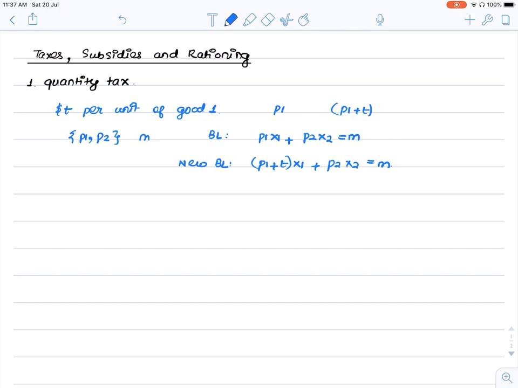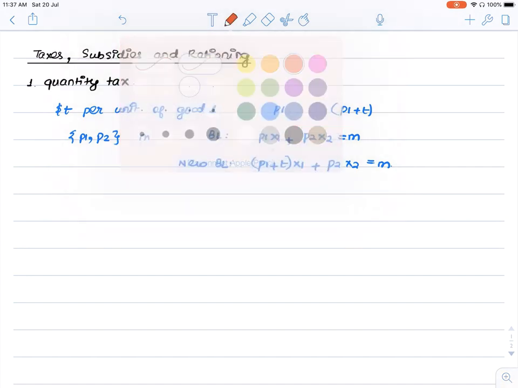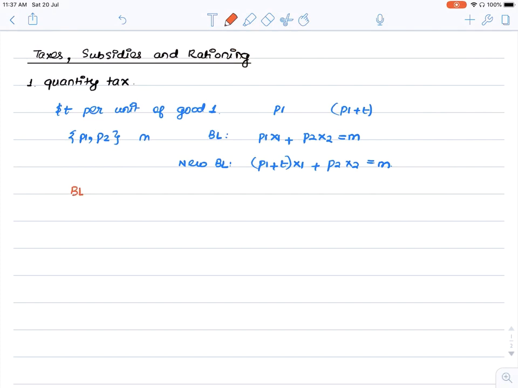I'm also writing this point: the budget line gets steeper here.